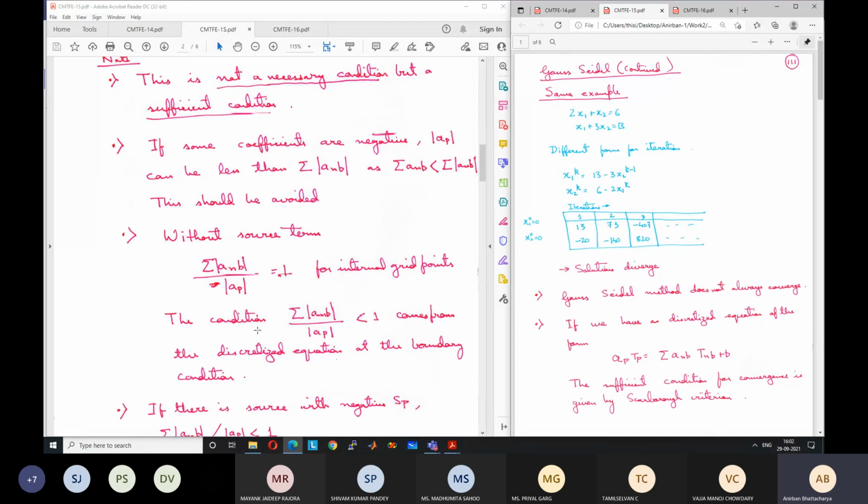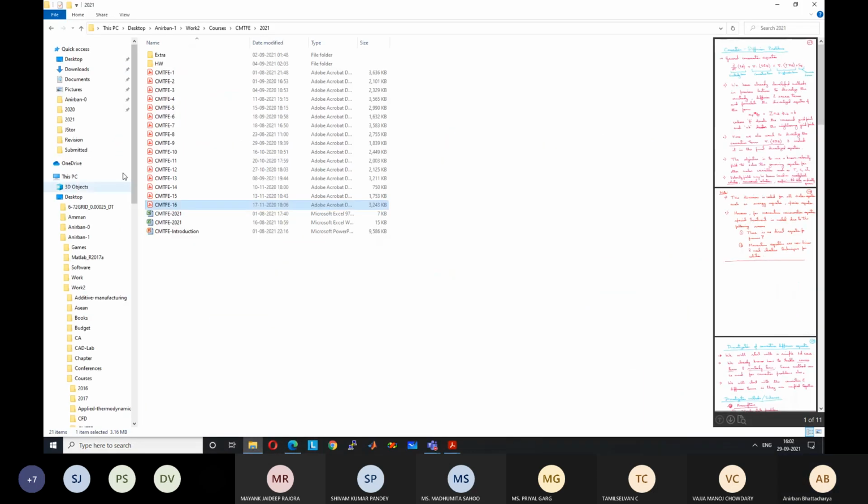Okay. Now with source term, I don't have it open, but let me see whether I can open it.